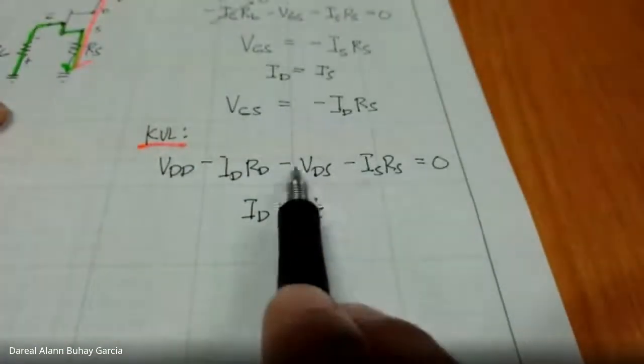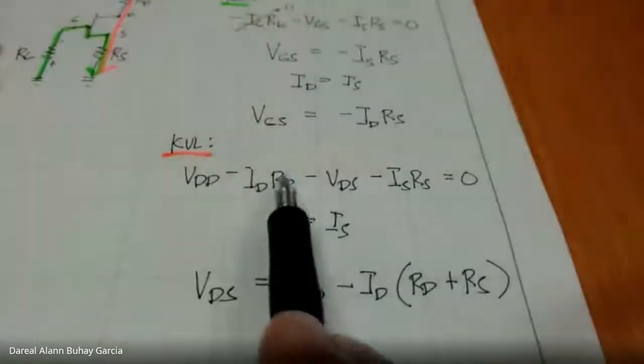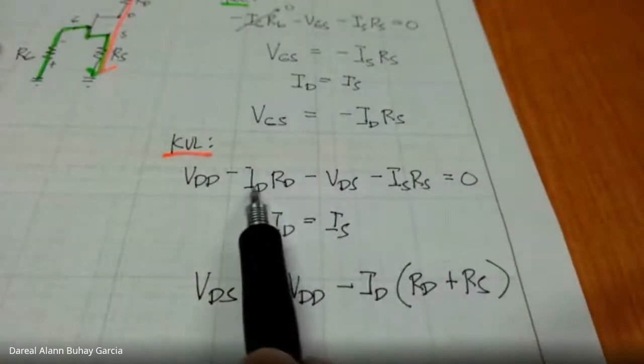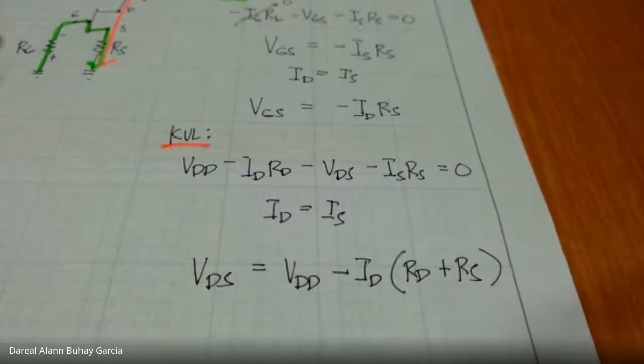Nothing cancels, so it is not 0 yet. But we can combine IDRD and ISRS because ID is equal to IS. Transposing to the other side, VDS is equal to VDD minus ID times (RD plus RS). I combined IDRD and ISRS because ID and IS are the same.